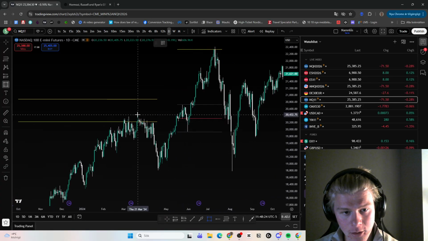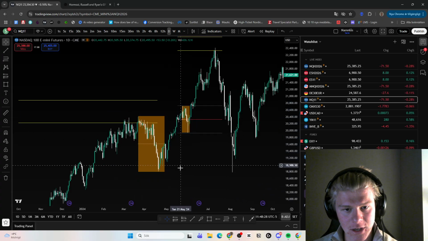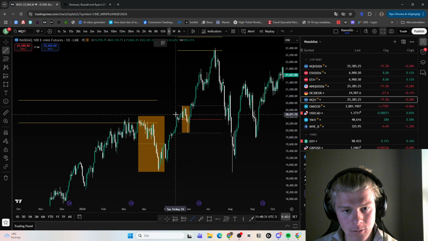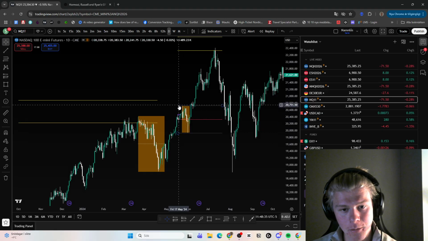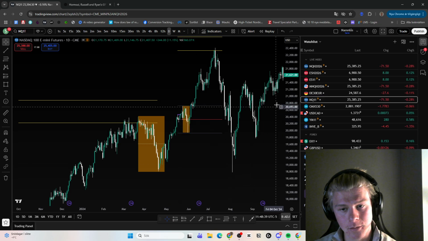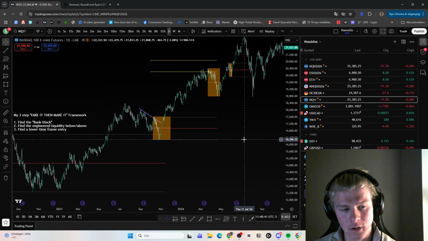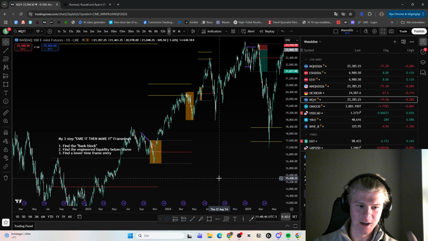If you get another bank block from a bank block, like we get here, why? Because it breaks the swing high, then breaks the swing low. Then you extend it from the second one. Okay, but you have to match this to the time frame though.